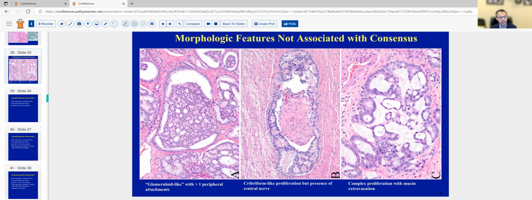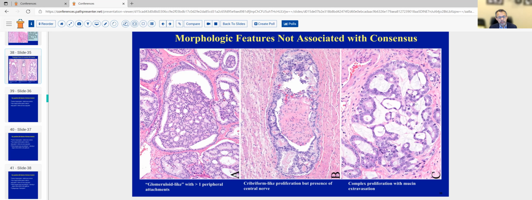So try to use these reproducible morphological features, which I shared with you, when you deal with some of these more challenging spectrums. If you encounter this type of morphology, then again, in my opinion, it would be conservative and better not to overcall cribriform prostate gland until we have better literature or evidence pointing to the association of these types of morphologies with the outcome.